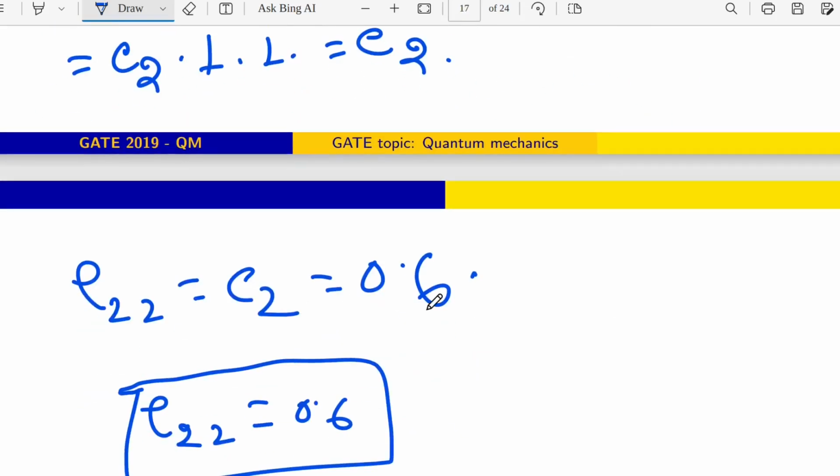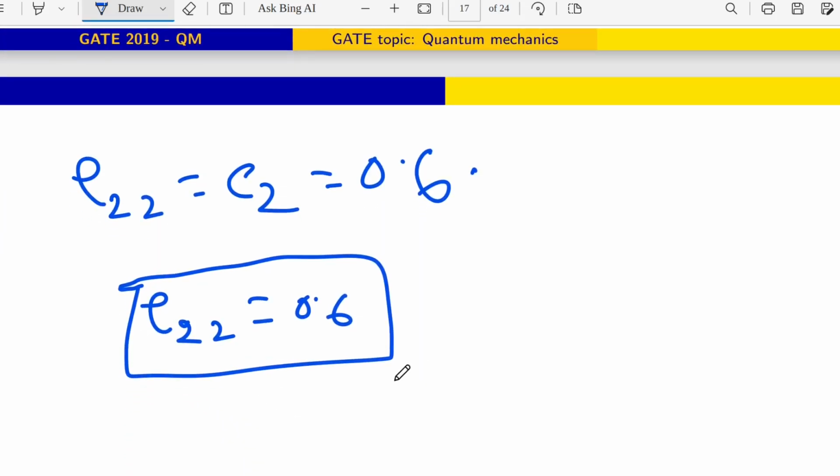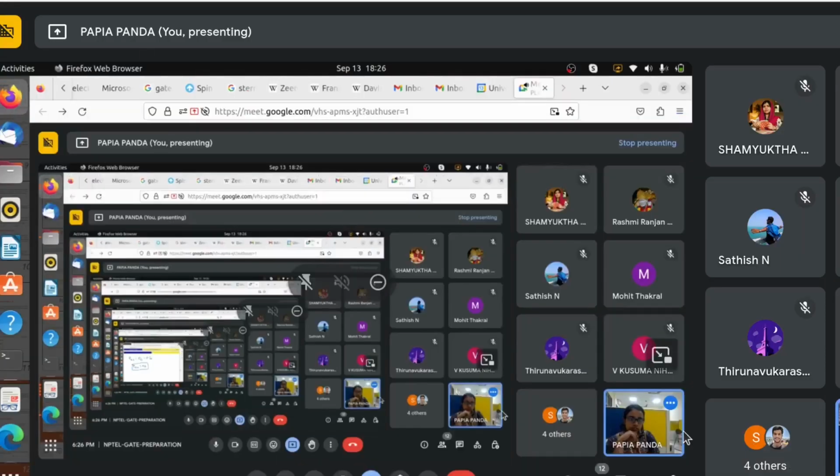As the C2 value is 0.6, as given in the question, row 2 2 will be 0.6. Is it understandable by everyone? I think yes. Okay, fine.